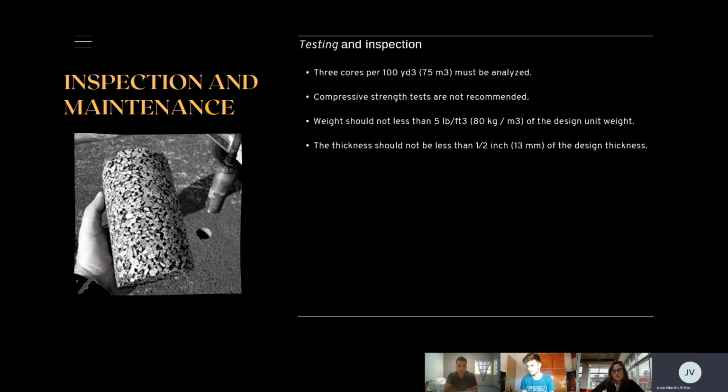For the tests, specimens are made according to some requirements, such as the weight must be 80 kilograms per cubic meter, and the thickness or the height must not be less than the 13 millimeters of design thickness.